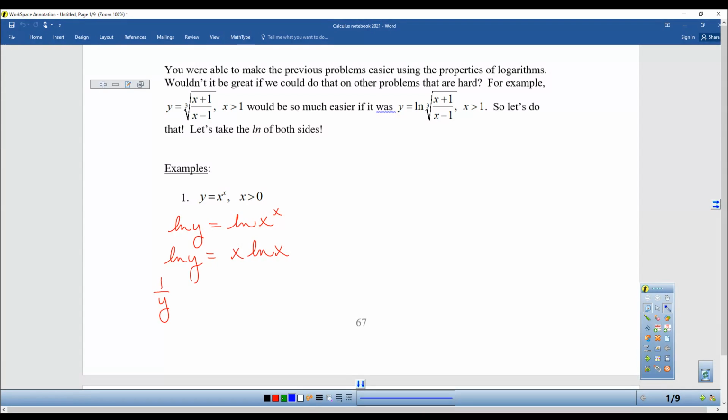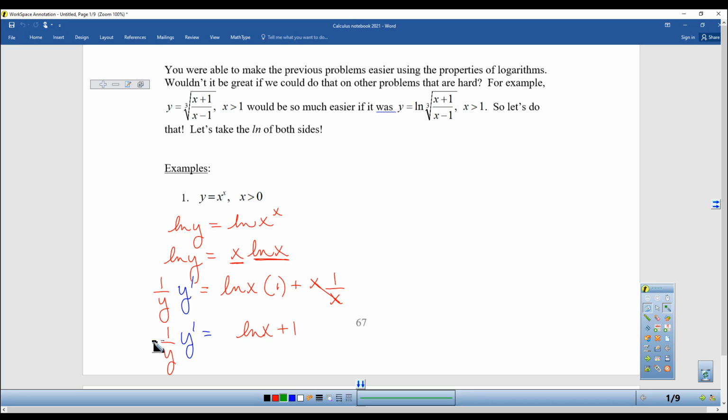And then on the other side, you're going to have to use product rule. Don't forget that. So the second times the derivative of the first plus the first times the derivative of the second. That gives me y prime is equal to the natural log of x plus 1. And we do need to get the y prime all by itself.